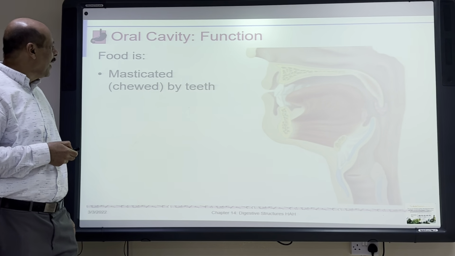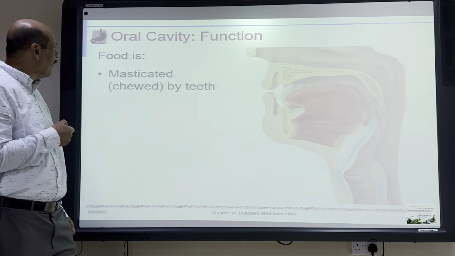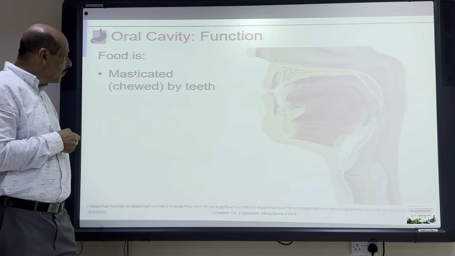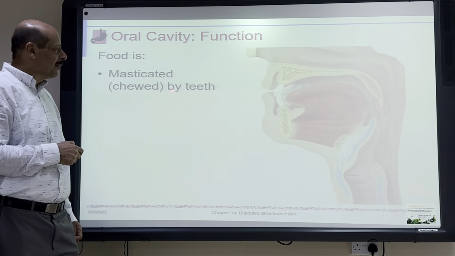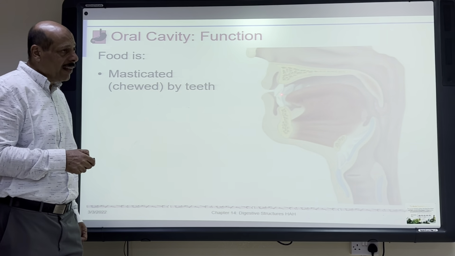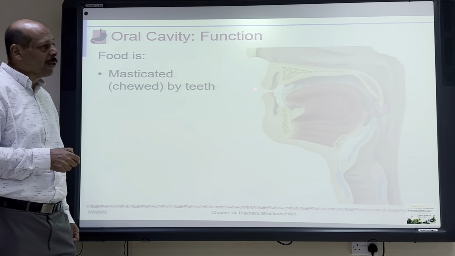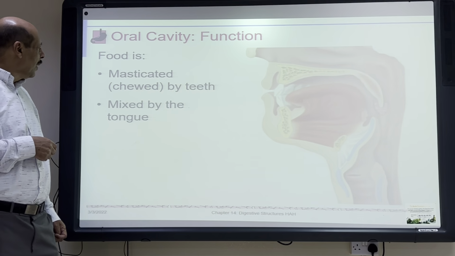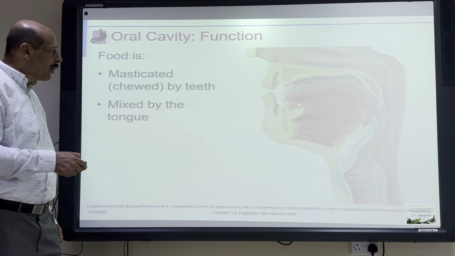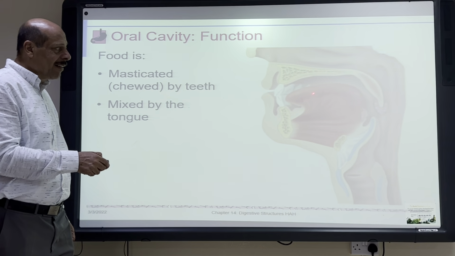So in the oral cavity, the food is masticated and chewed by the teeth. The function of the teeth is to chew the food, and it will be mixed by the tongue.